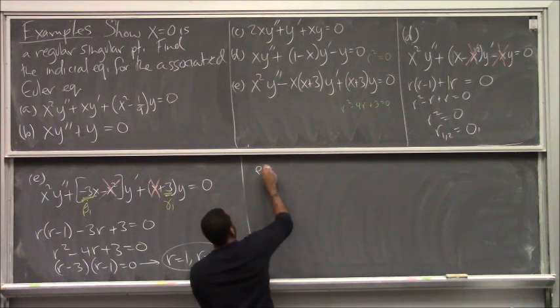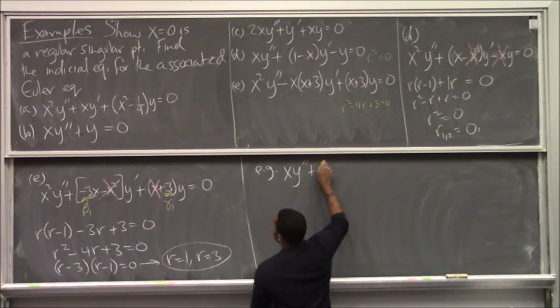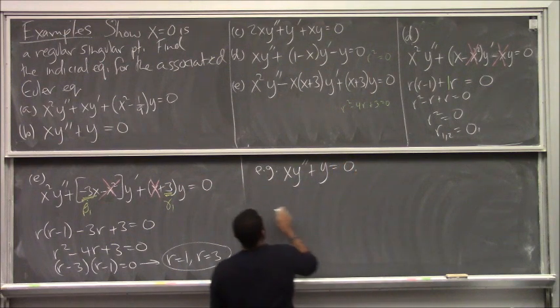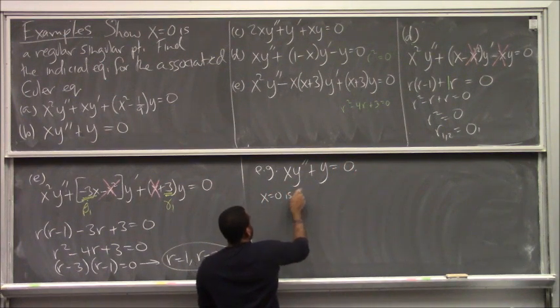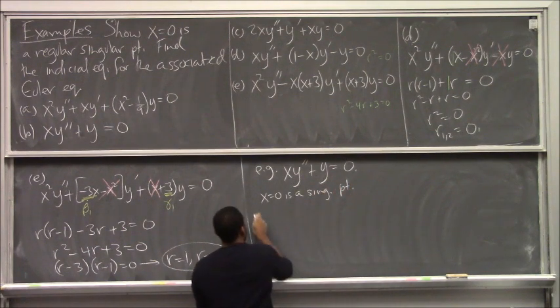So, example. x y double prime plus y equals 0. x equals 0 is a singular point. I'm going to verify that.